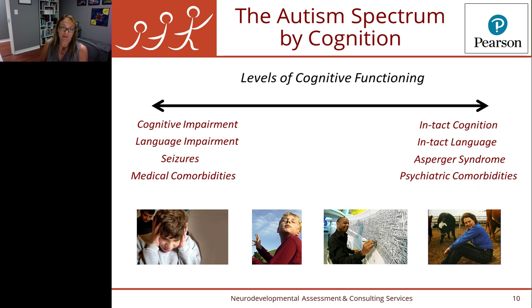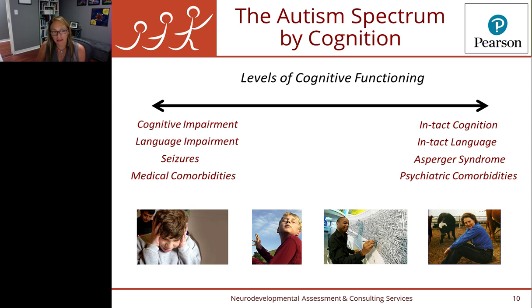When we look at the autism spectrum, a lot of people talk about the spectrum based on levels of functioning, quote unquote, where high functioning really means people who have autism symptomatology, but intact cognition and language. And then lower functioning autism, quote unquote, tends to be those that have comorbid cognitive and or language impairment.